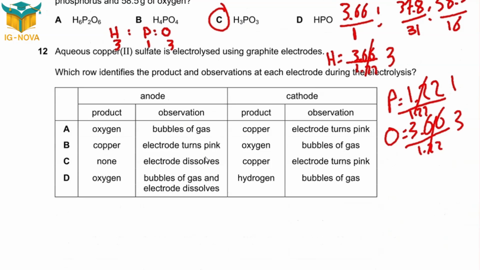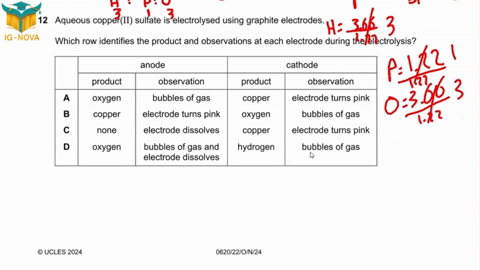Next. Aqueous copper sulfate is electrolyzed using graphite electrodes. Look, copper sulfate electrolysis: at the cathode the product is copper, don't doubt it. Okay, whether copper sulfate is electrolyzed using graphite electrodes or copper electrodes, the product at the cathode is copper from the start. So the cathode product is copper. At the anode, if you use graphite, typically oxygen bubbles. If you use copper electrodes, the copper will dissolve, the anode will dissolve.